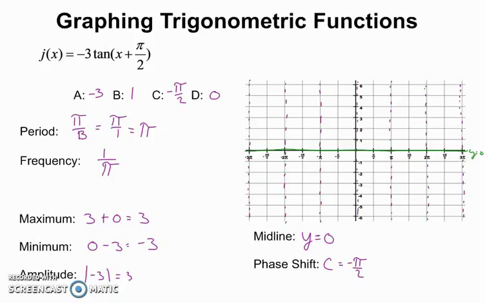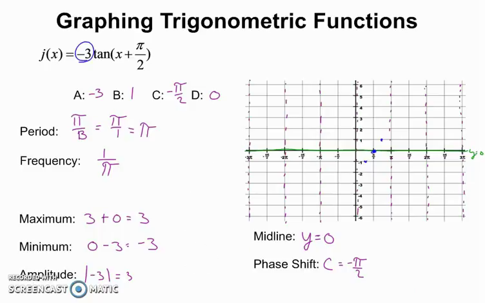Now keep in mind, we have a negative in front of this. Normally tangent has 0 and then it goes up 1 to the right and down 1 to the left. But in this case, we're talking negative.